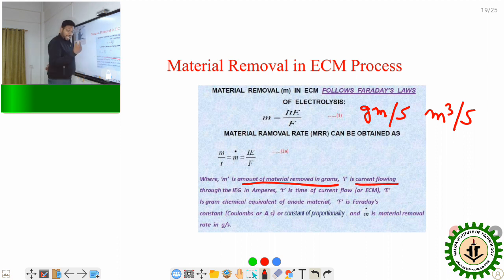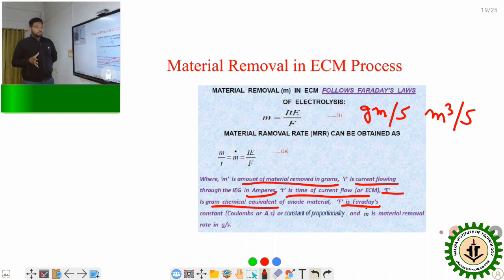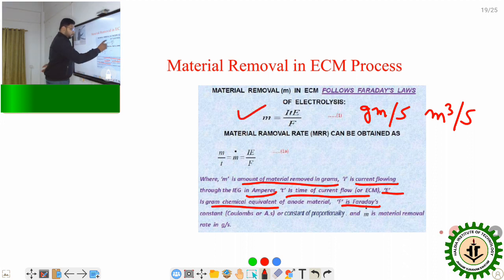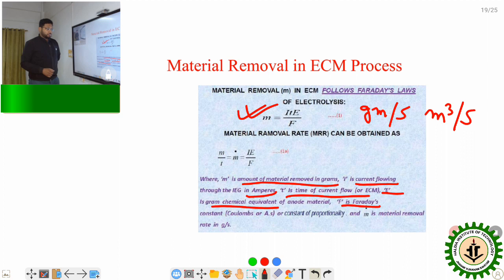I is the current in ampere flowing, T is the time for which the current is passing, and E is the chemical gram equivalent. Using this equation we can conclude that M is the MRR for the ECM process.